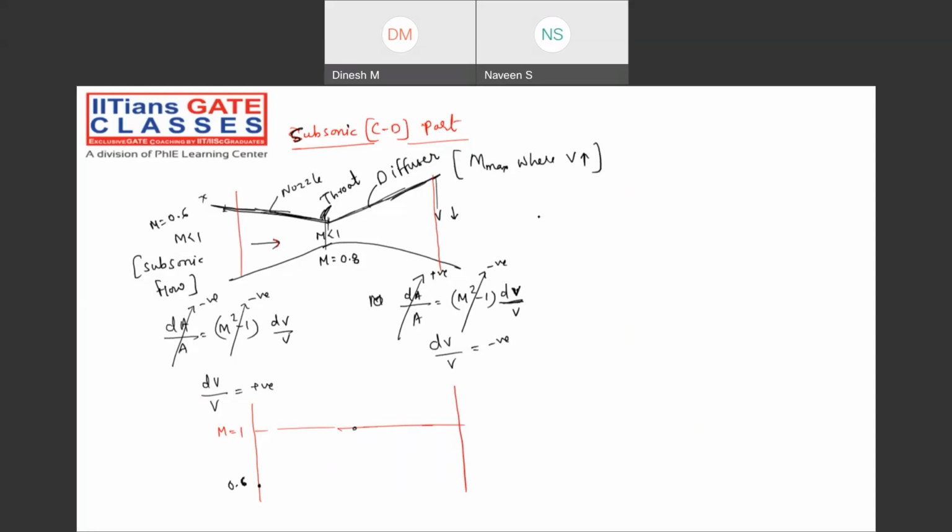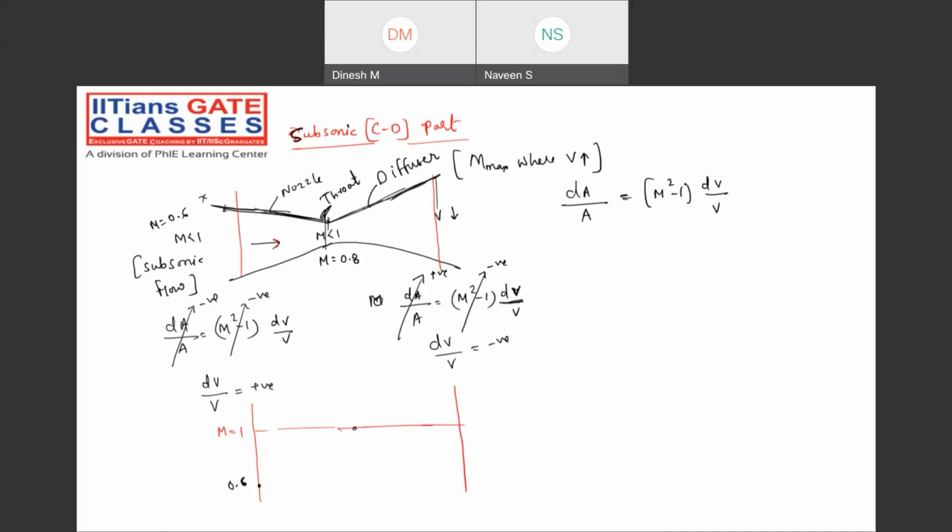Where the velocity will be maximum, again we can get it by the area ratio formula. It is just like a Brahmastra, a very, very killing instrument we have. So this is the formula, M square minus 1. Everything depends on this particular formula only in compressible flow.